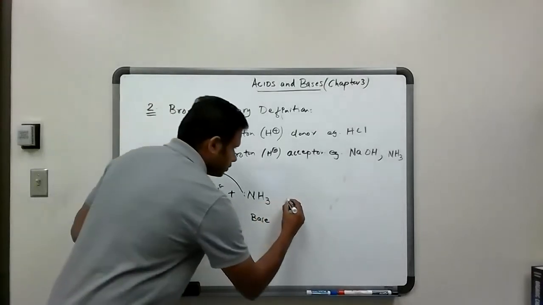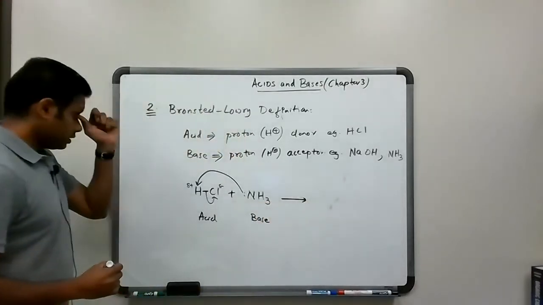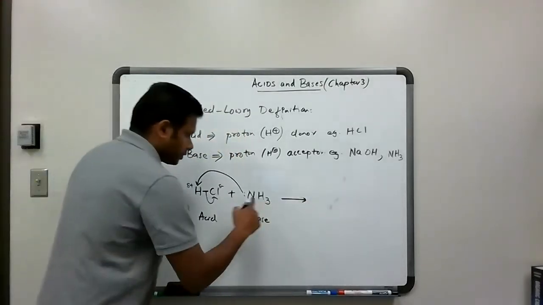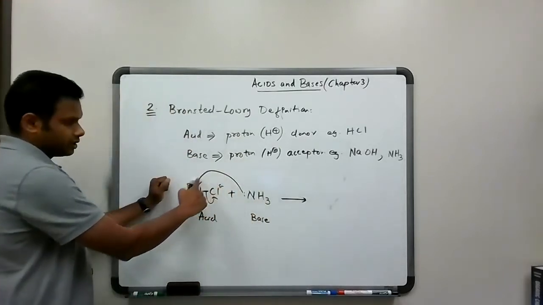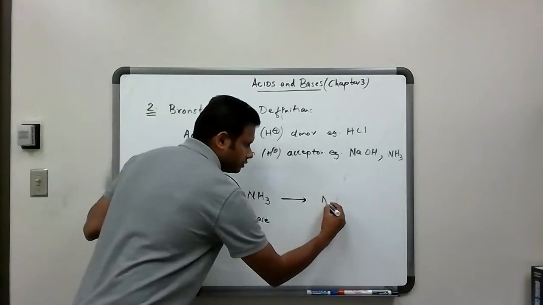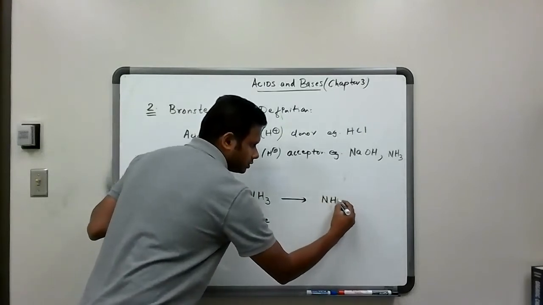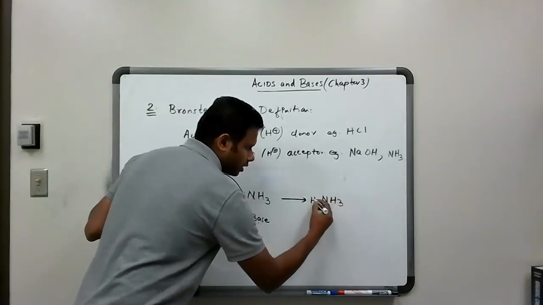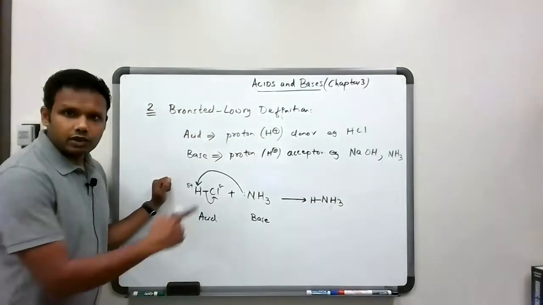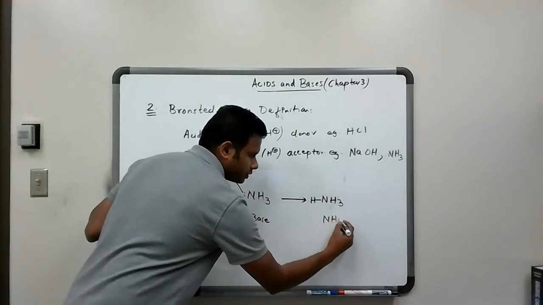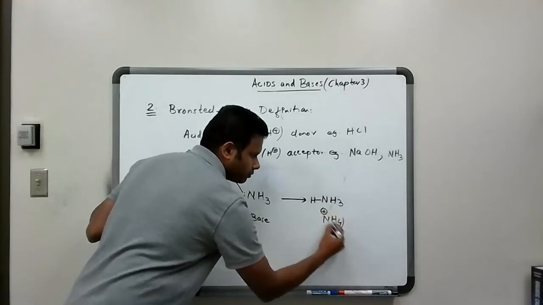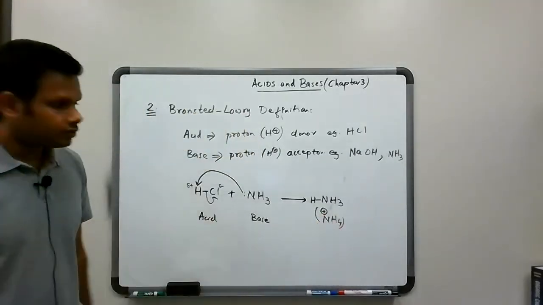And so in this particular case, the nitrogen had 3 hydrogens. Now it has grabbed another proton. So we will get NH3 with another hydrogen. Now the nitrogen has 4 bonds to it. This is actually the ammonium ion. That is what we've drawn here.